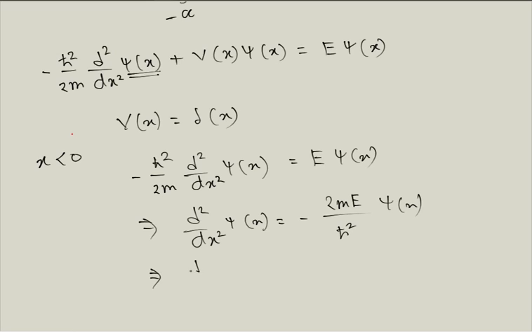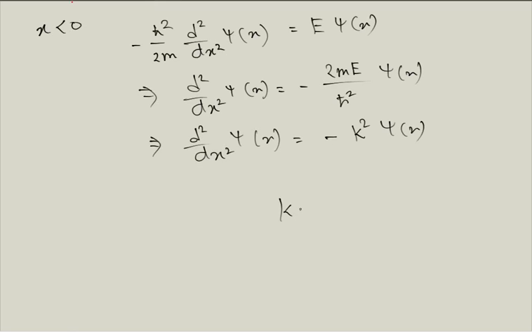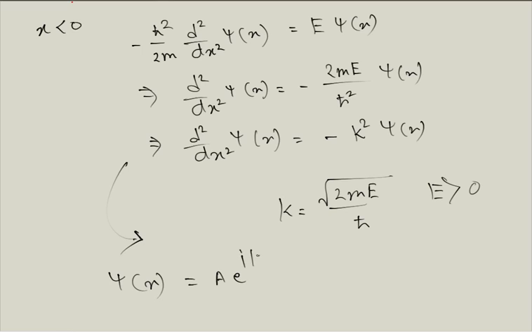Here we can introduce a new variable k, where k is equal to the square root of 2mE over h bar, and here k is greater than 0, so k is a positive real quantity. Now we will directly write down the solution of this differential equation: psi of x equals A e to the power ikx plus B e to the power minus ikx.